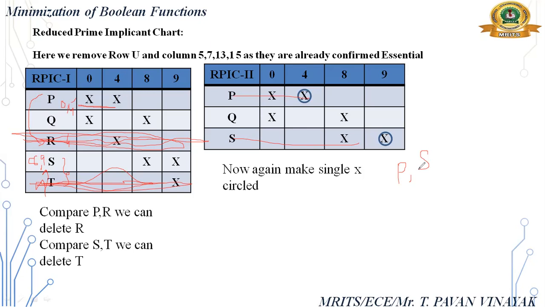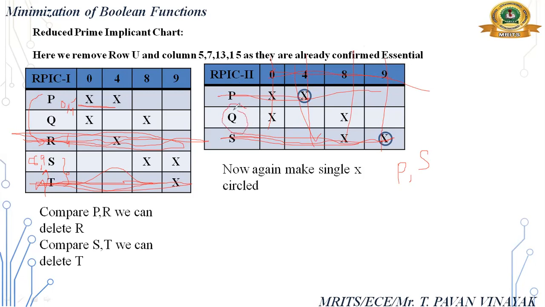If I remove S, which columns have to be removed? 8 and 9. If I remove P, what columns are removed? 0 and 4. So all minterms are removed, right? See here, all columns are removed.